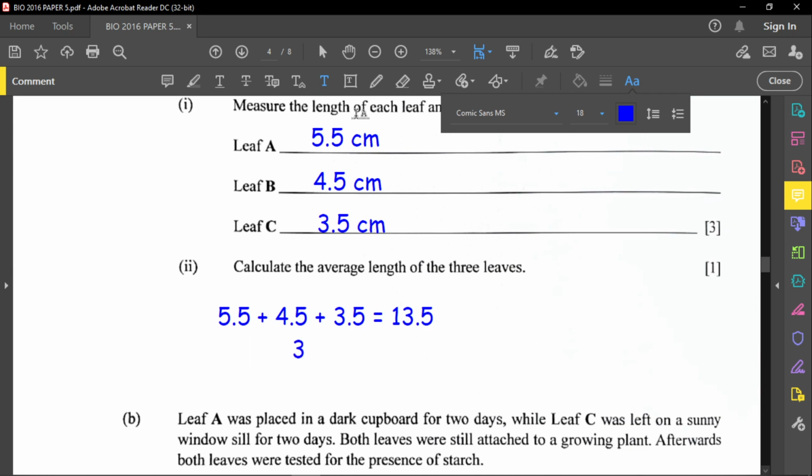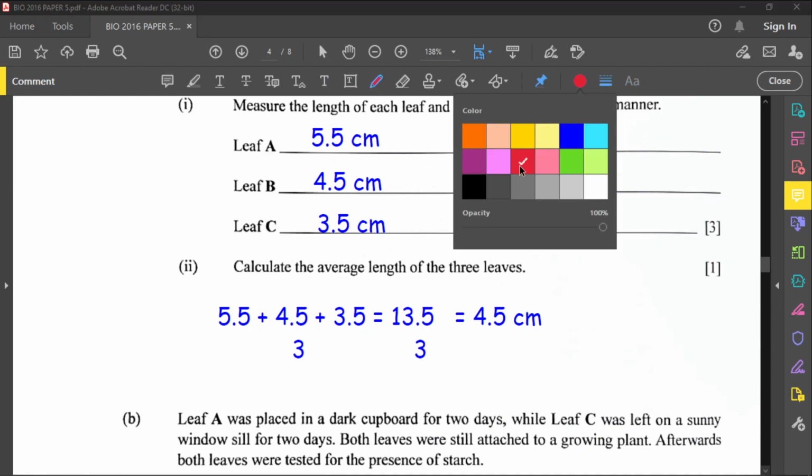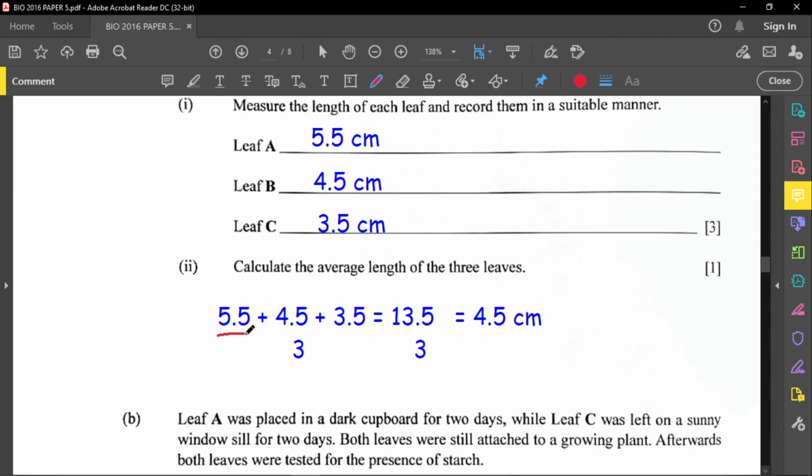So divide it by 3. And so 13.5 divided by 3 will give us 4.5 as our average. So 4.5 centimeters. Okay. All right, so let's put a line through it so you won't be confused in terms of what I did. Again, it is the total over the number. So it'll be 13.5 over 3, and that will be 4.5. Okay, awesome. All right, so that will be your calculation right there.